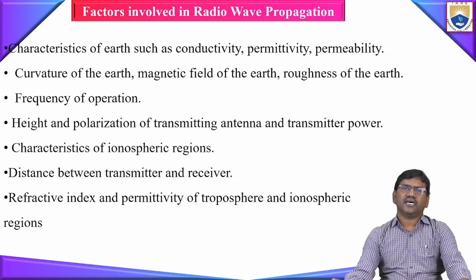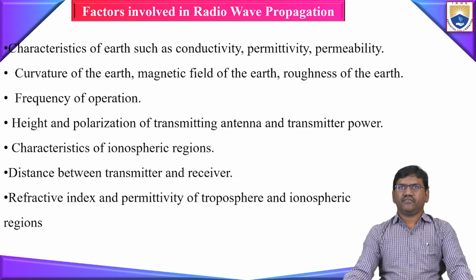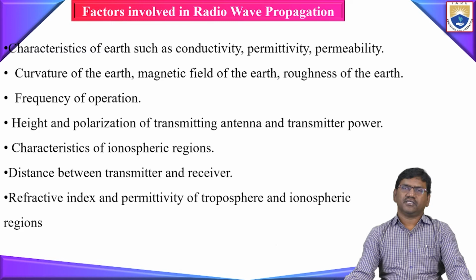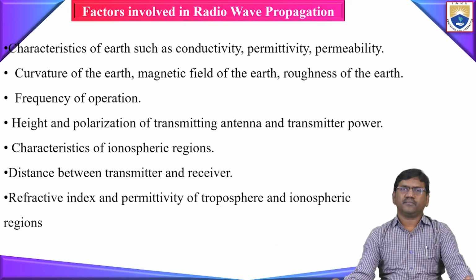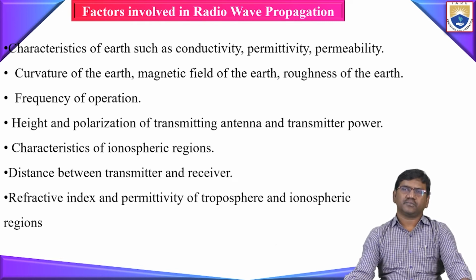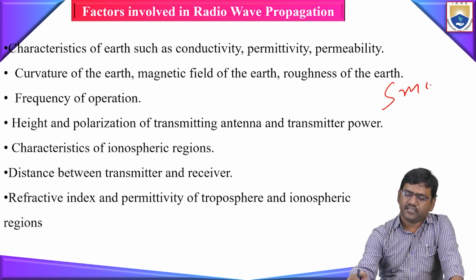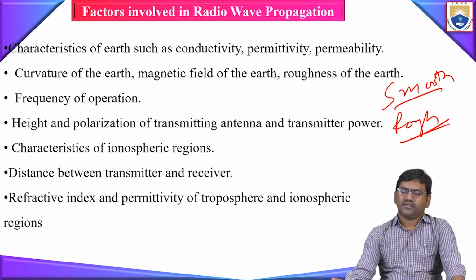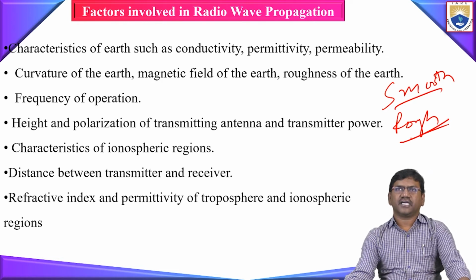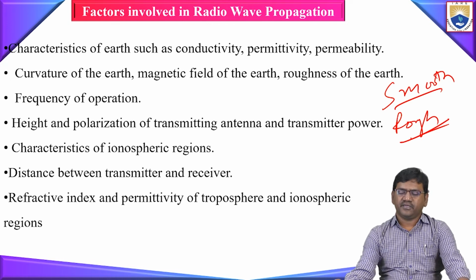As we know, the earth is never perfectly smooth; at some places the earth is smooth, and at some regions the earth is rough. When the earth is rough or smooth, the conductivity, the permittivity, and the permeability, all these three parameters will change.